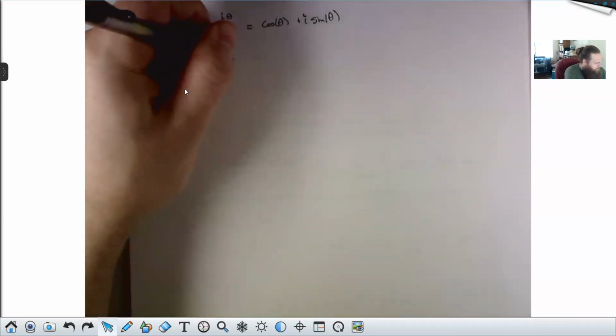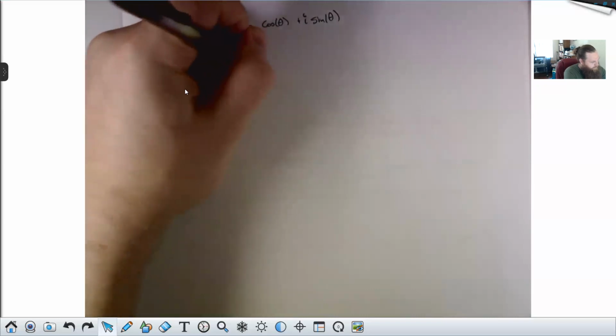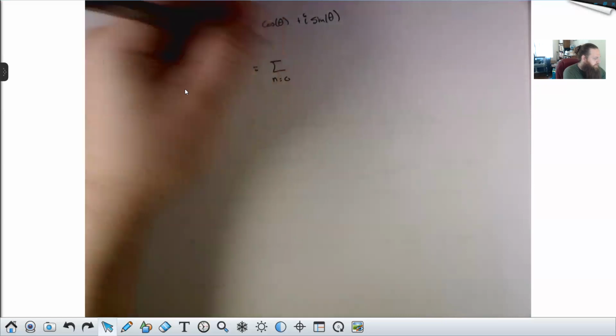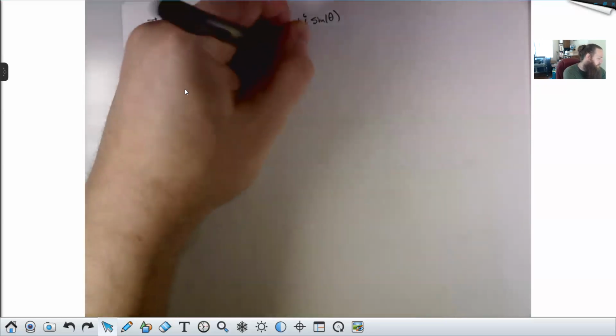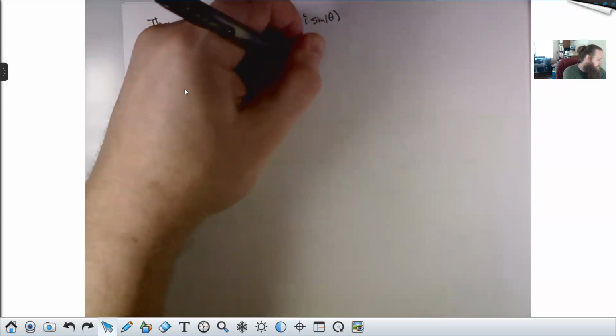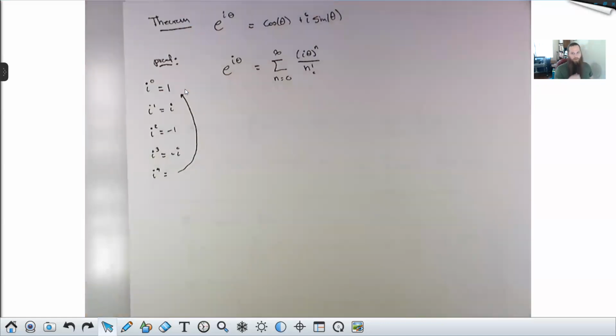That's the preliminary. The other preliminary are those power series. So e to the i theta is what we would get when we take the power series for e to the x and plug in i theta. So this is i theta to the n over n factorial, right? 1 over n factorial times x to the n. I'll just write these terms out.